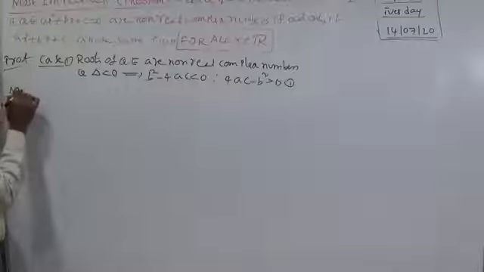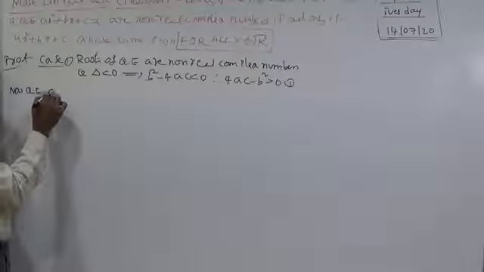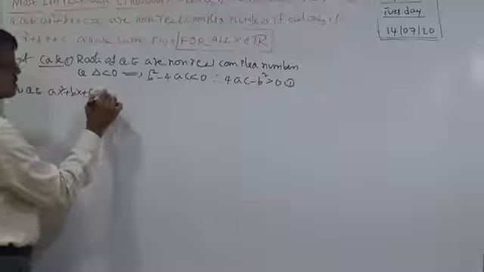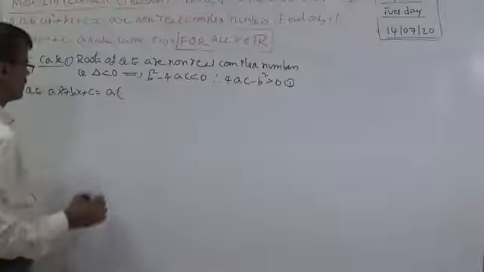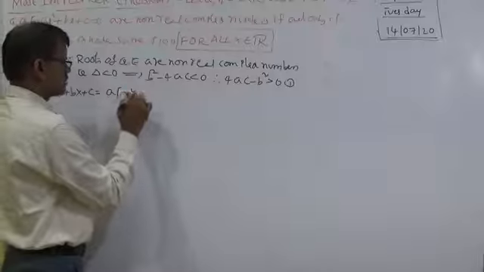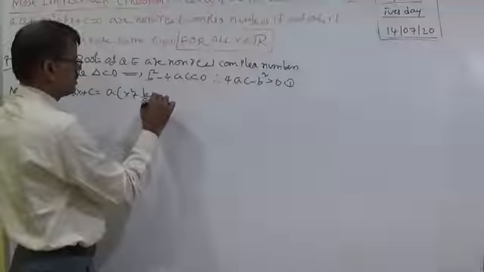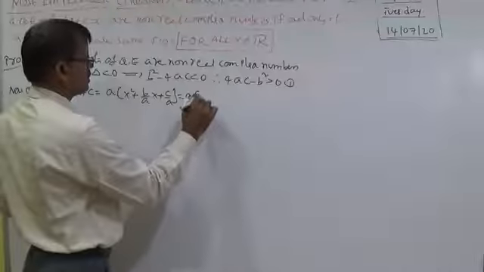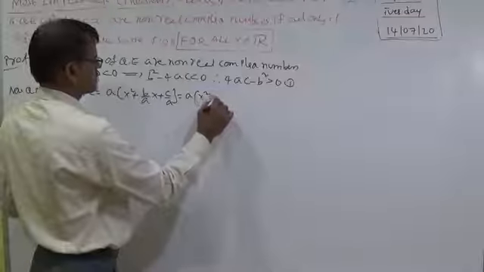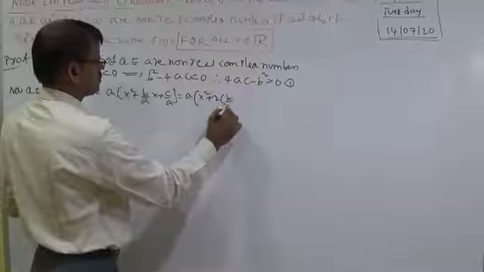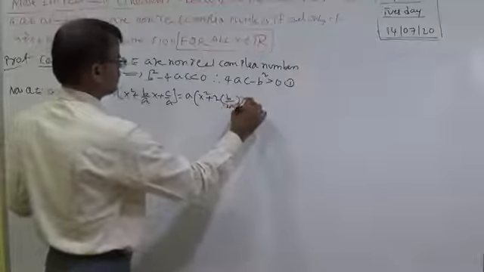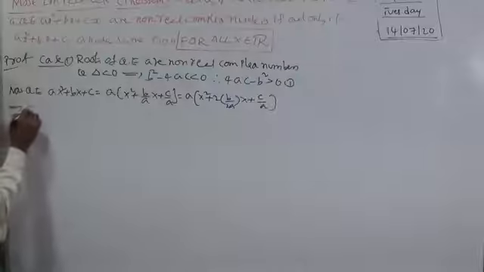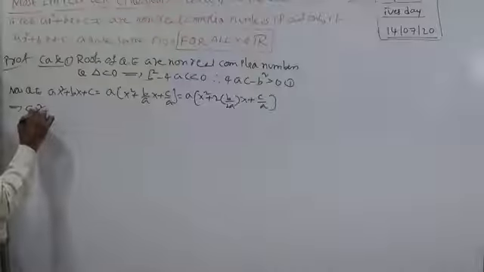Now you can write the quadratic equation ax square plus bx plus c is equal to a, taking a common, x square plus b by a into x plus c by a. That is equal to x square plus 2 into b by 2a into x plus c by a. Divide with a on both sides.